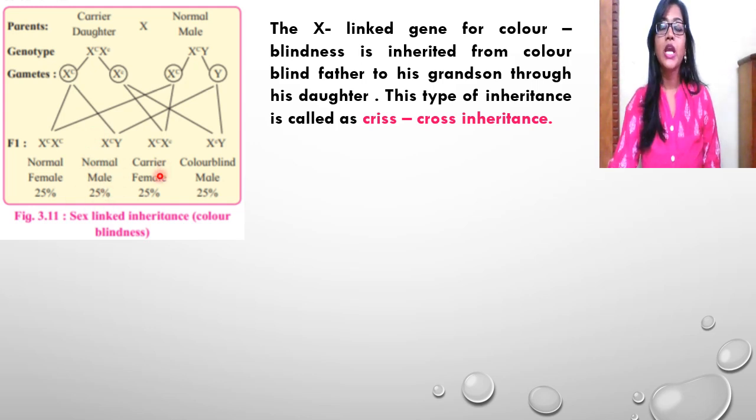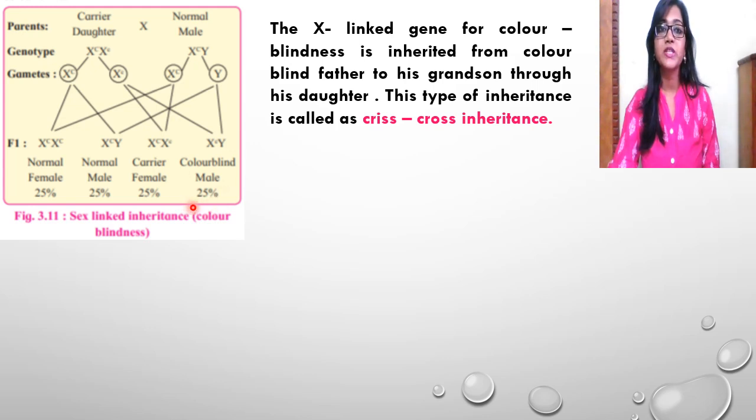In case of the X chromosome which is with the small c, again the females are carrier females, okay, as they are with one capital C on one X chromosome, the one dominant gene is present, while in another X chromosome there is the carrier gene, okay. So these females will be carriers, there are 25% chances, while the colorblind males will be there also.